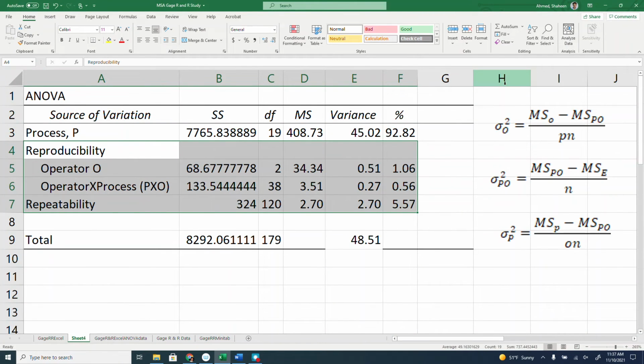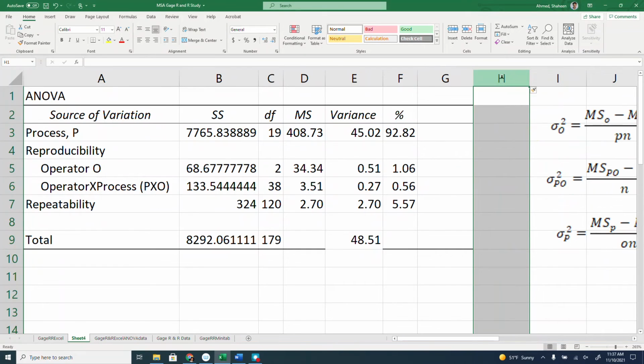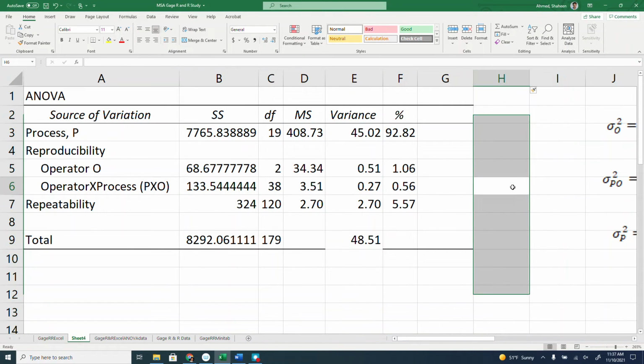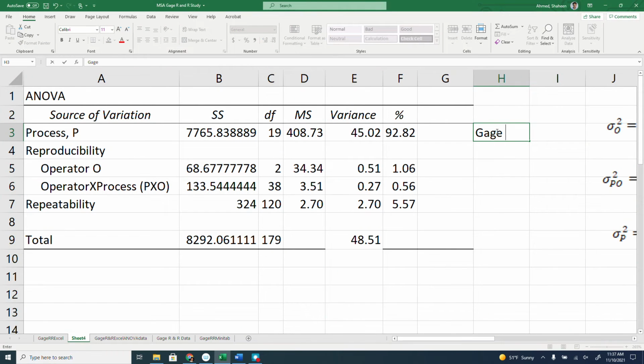I don't need this formula anymore. So I can write here something like gauge total, which is the sum of this, and this.